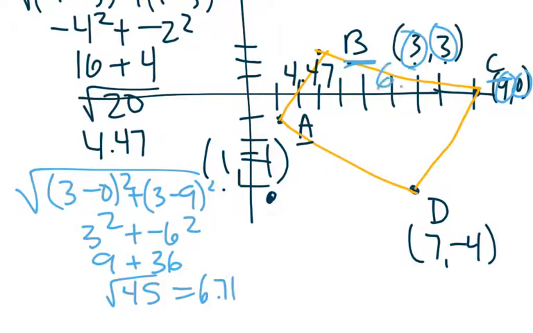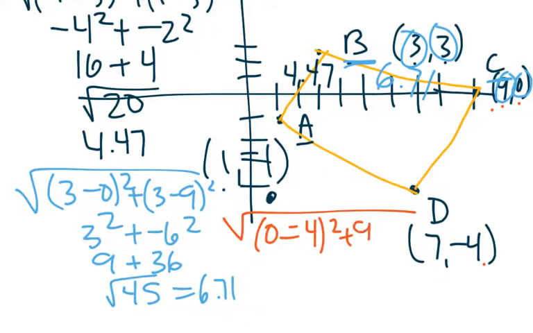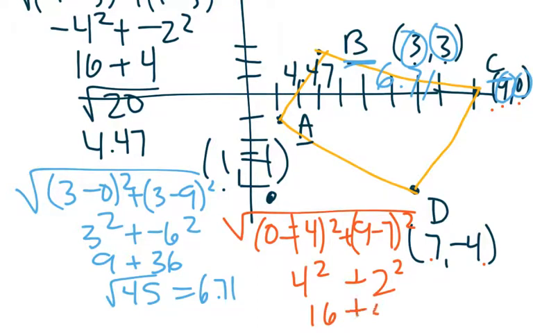So 6.71 here. Then we do it again. So 0 minus -4 squared plus 9 minus 7 squared. So that's 2 squared plus positive 4 squared. So 16 plus 4 again, okay, which would give us square root of 20. So that's 4.47 as well, isn't it?